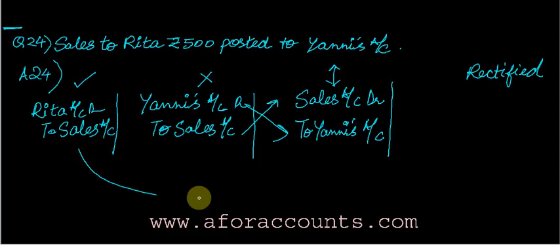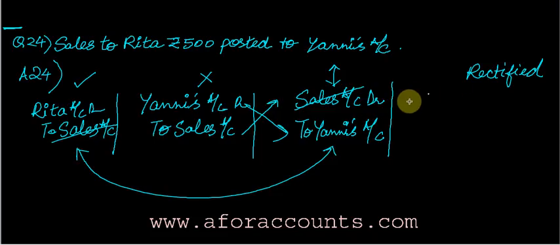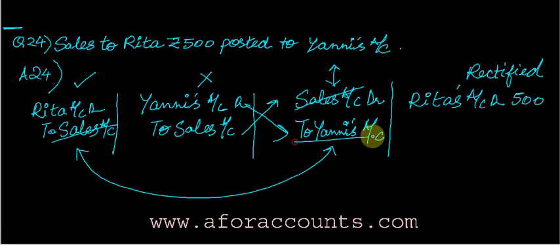Now for rectifying, right and reverse: cancel credit sales with debit sales, and you have Rita's account debit by 500 to Yani's account, 500. This was a simple one. Now moving to the next.